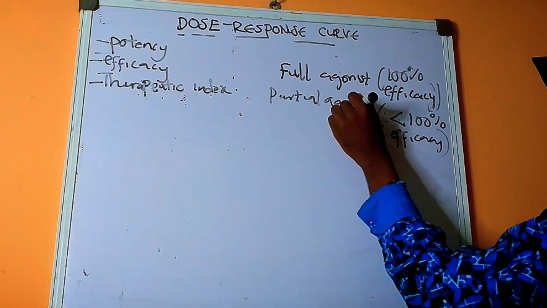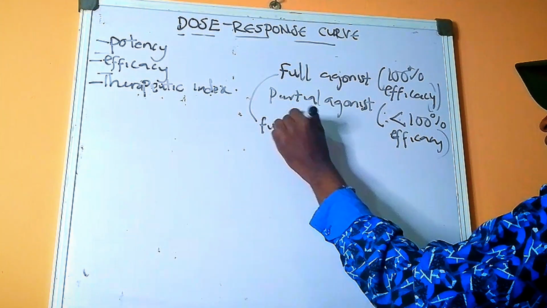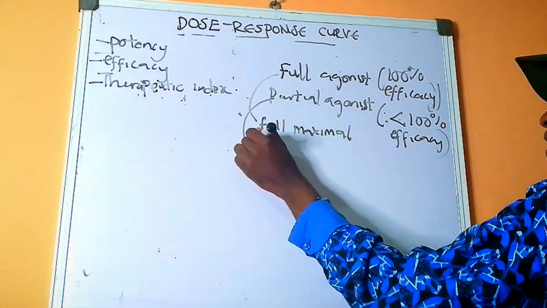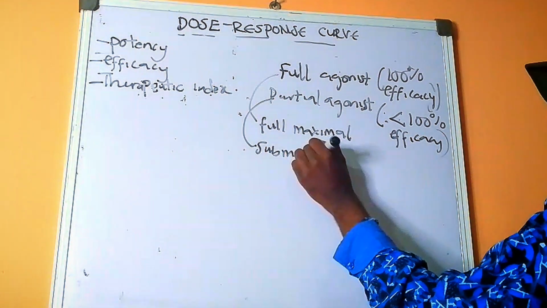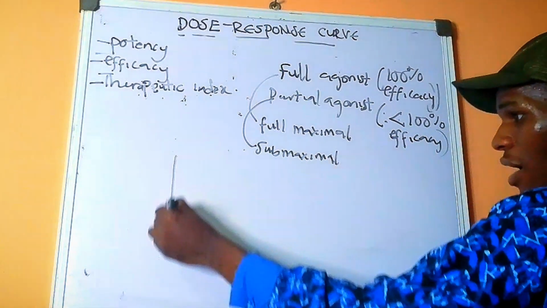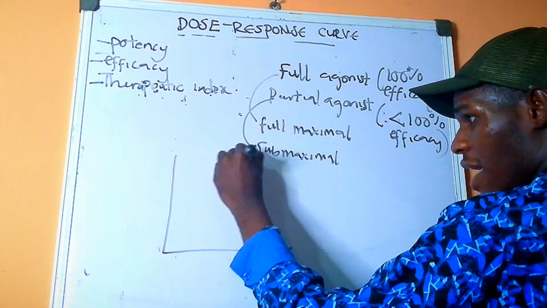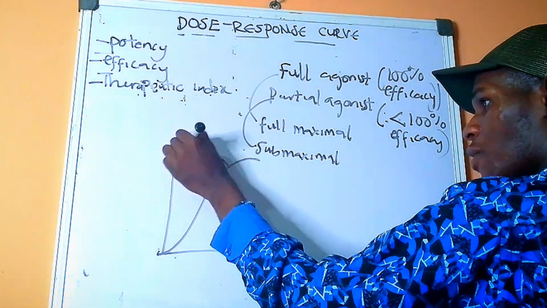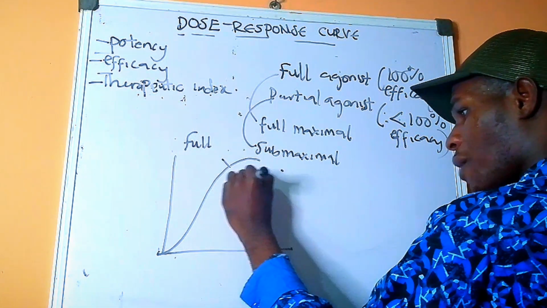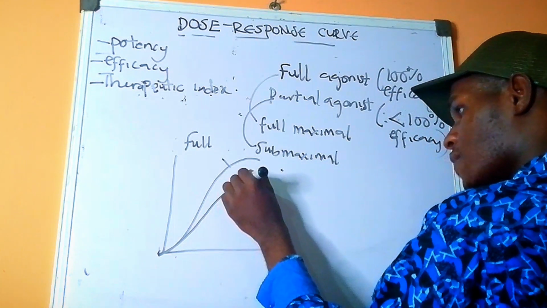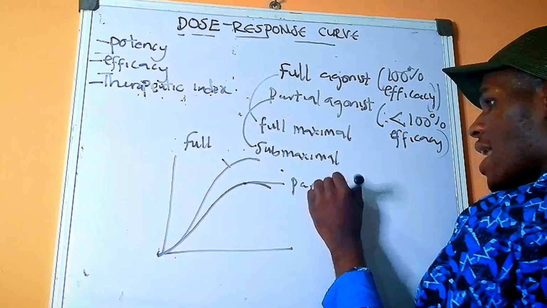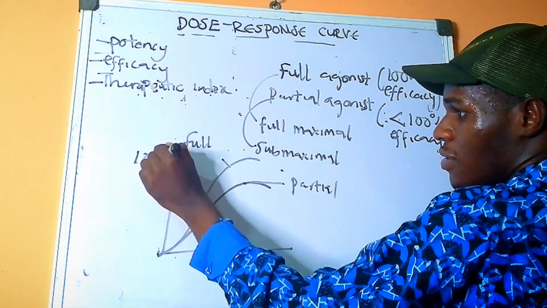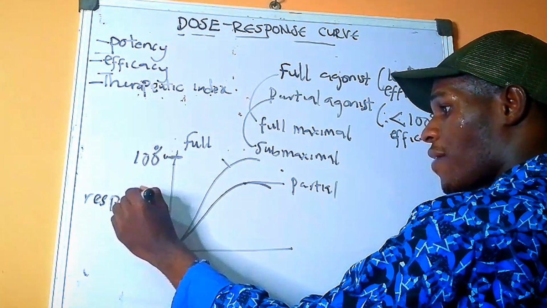So this produces a full maximal effect. This produces a sub-maximal effect, and we can see that in our dose response curve. Let's say this is for the full agonist. This is for the partial agonist. I said at the maximum response, which is at 100%, this is my response or my effect.